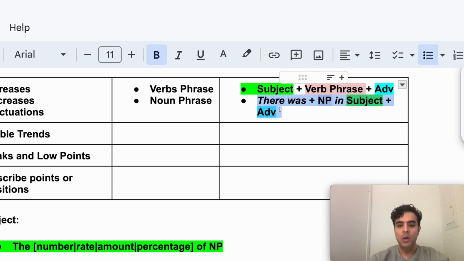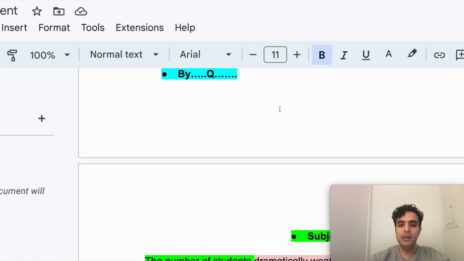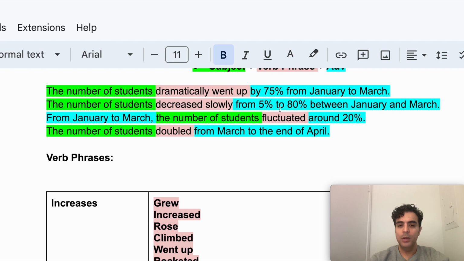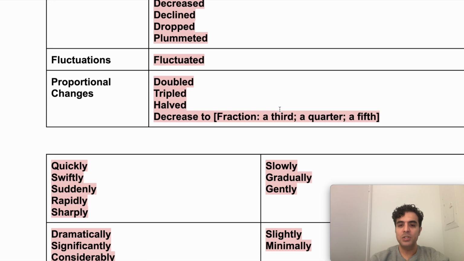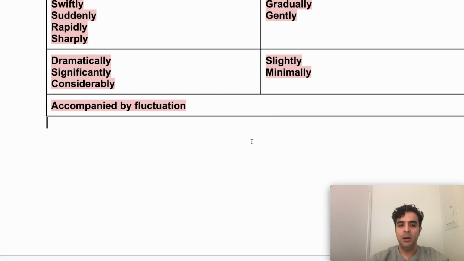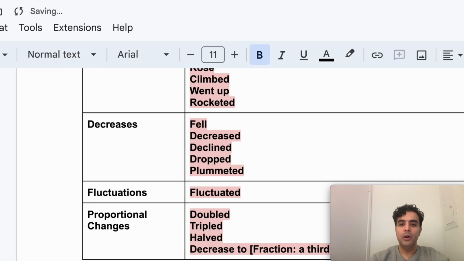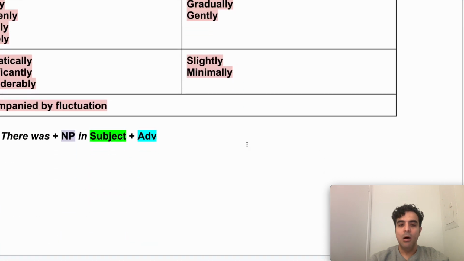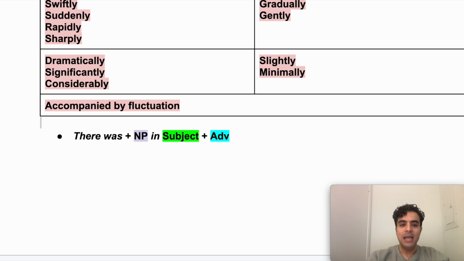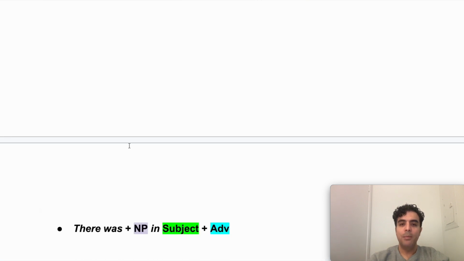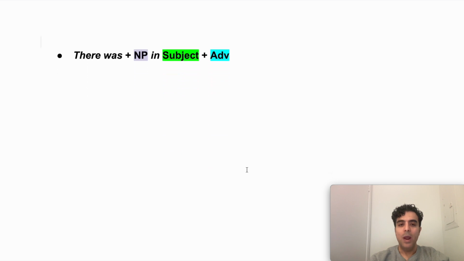Okay, so let me copy this structure just as we did with the first structure down here, and let's try to learn different ways of introducing the same structure and forming our sentences in a variety of ways.